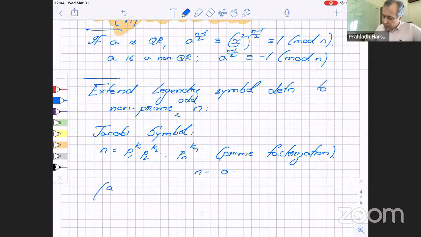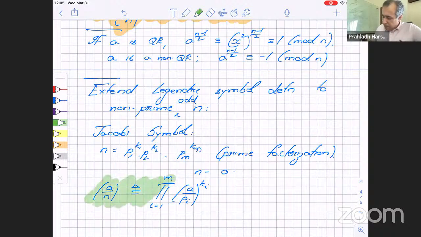Then a by n, I'm just going to define to be the product of a by pi to the power ki. So the Jacobi symbol extends the Legendre symbol to odd integers, not necessarily prime, by factorizing n and multiplying the corresponding Legendre symbols.